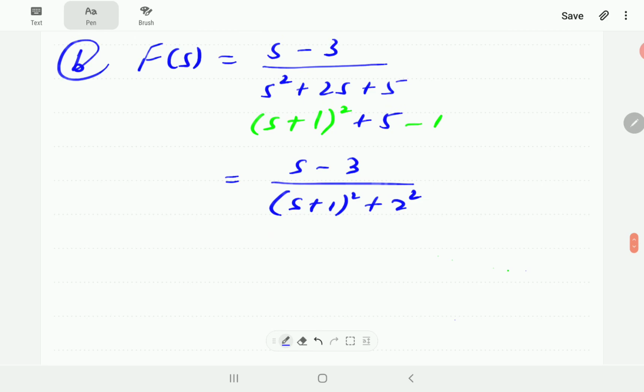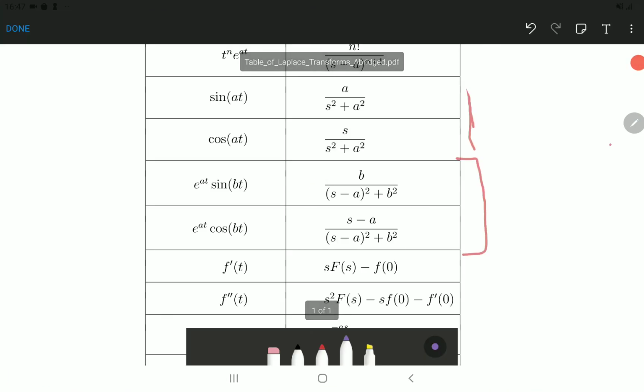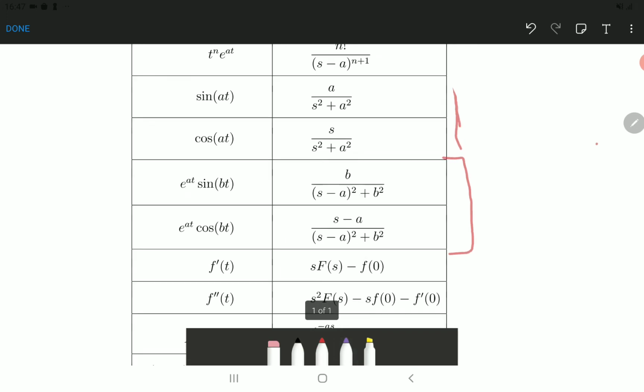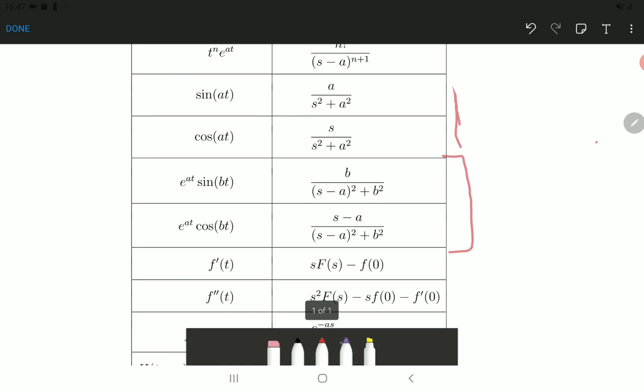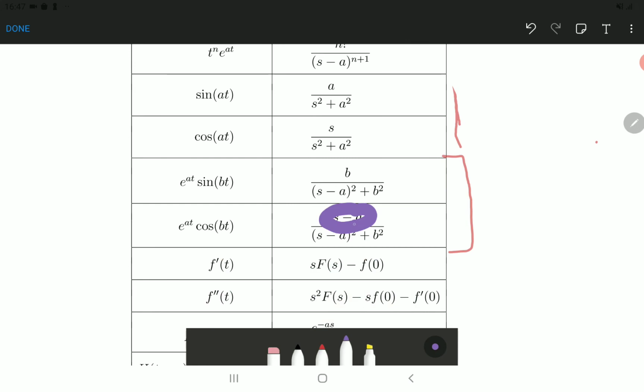Then again, comparing with our table, we want the s term in the numerator to match with the term in the denominator. So we want the s term in the numerator to compare with the denominator.